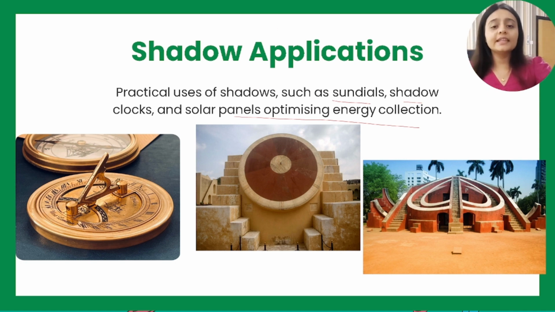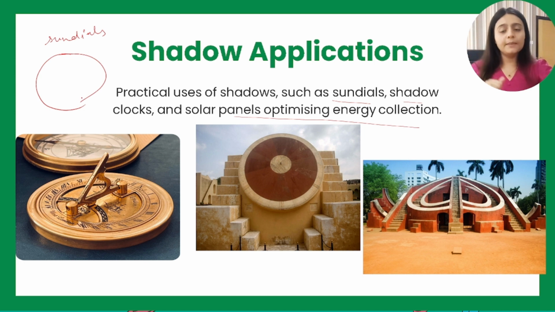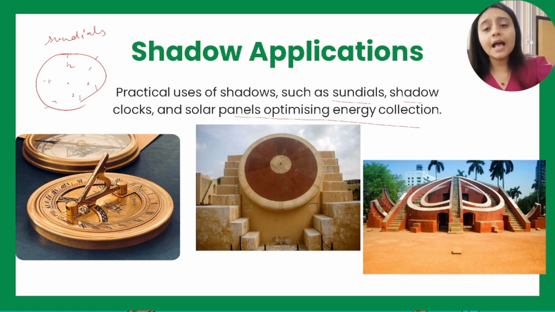So basically, in these sundials, the structure is like this. There is a round-shaped structure formed by those people, and all the numbers are marked like this, and some kind of pole-like structure is constructed in between these numbers. Okay, so what happens when the sun comes?